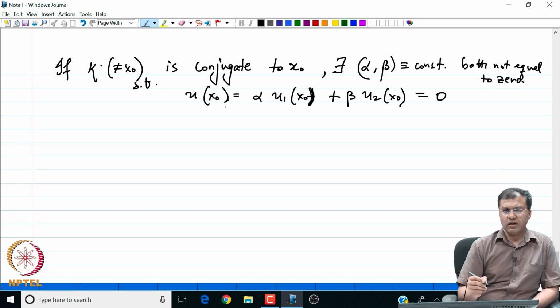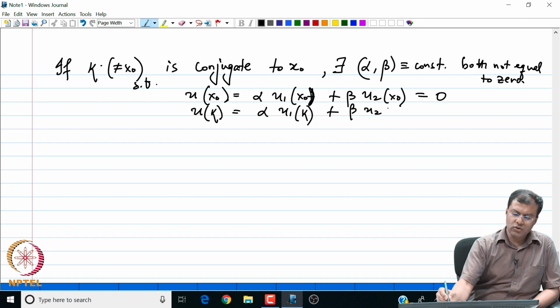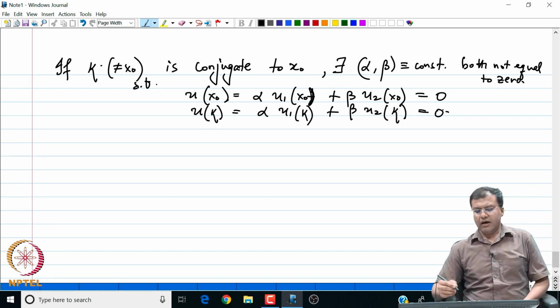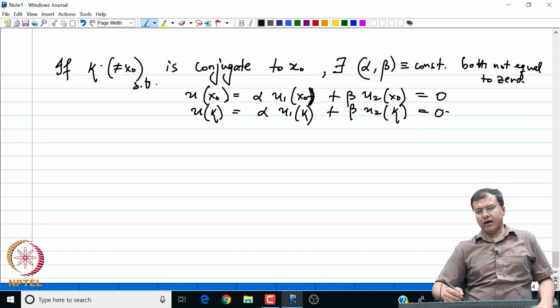These points x naught and kappa must be the roots of the solution, and u at kappa, which is alpha u1 kappa plus beta u2 kappa, is equal to 0. Certainly, we have avoided the trivial solution by assuming that these constants are such that not both are 0.